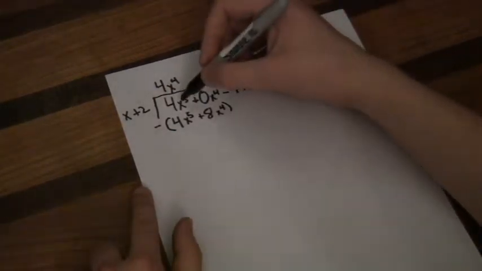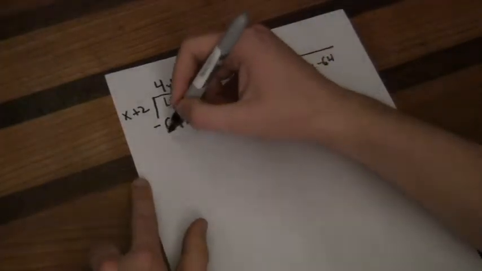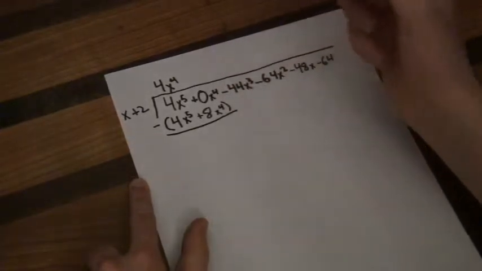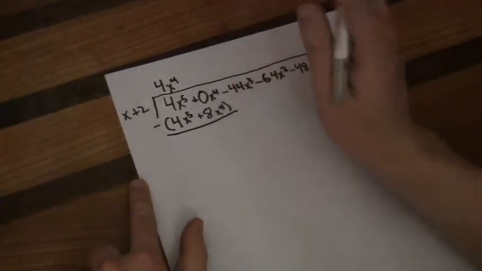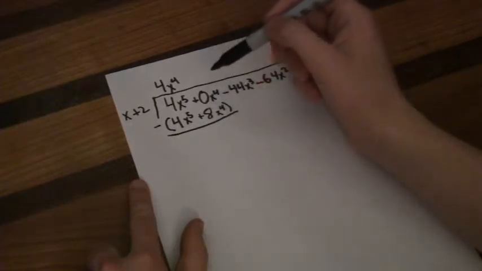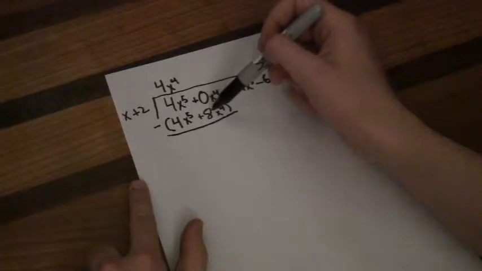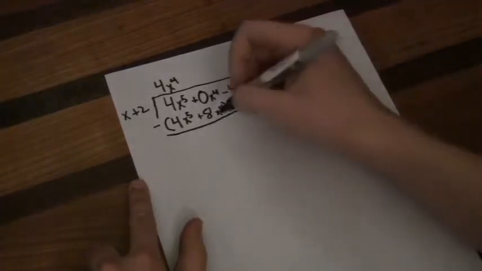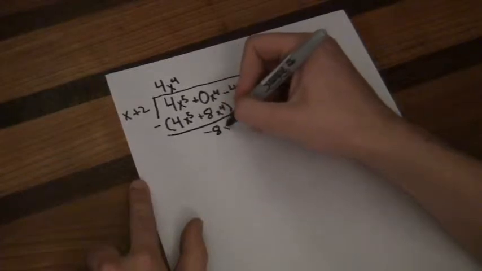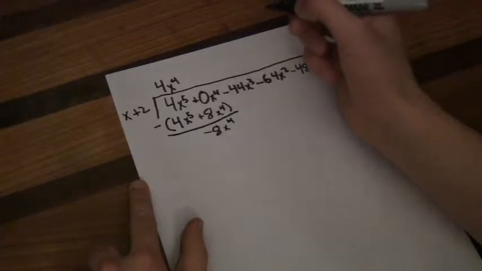If you subtract the same value, you're going to get 0. Because we like to be efficient, we're not going to write that 0. But this is what we need to write down. We take the 0 and we subtract the 8x to the 4th power, which gives us a negative 8x to the 4th power. Now we redo those 4 steps.